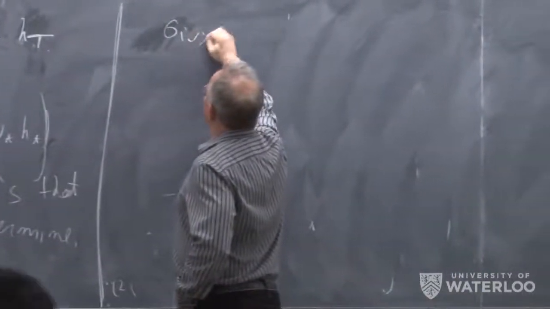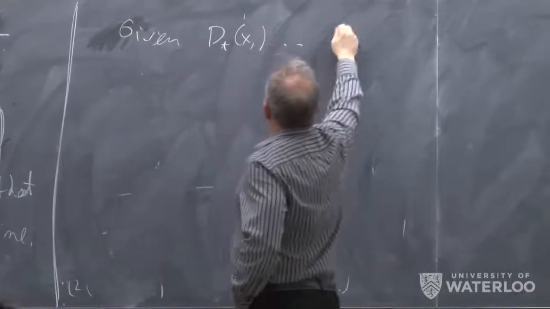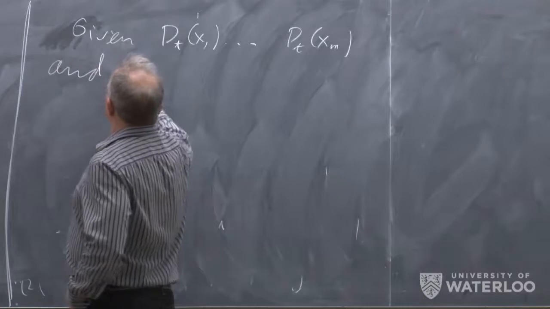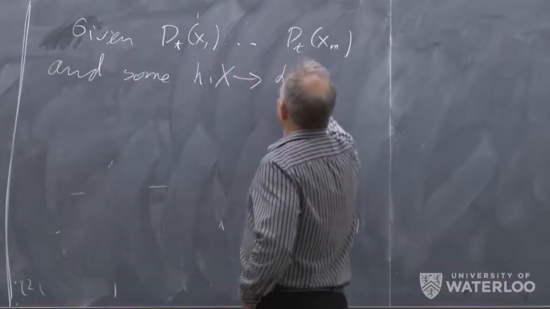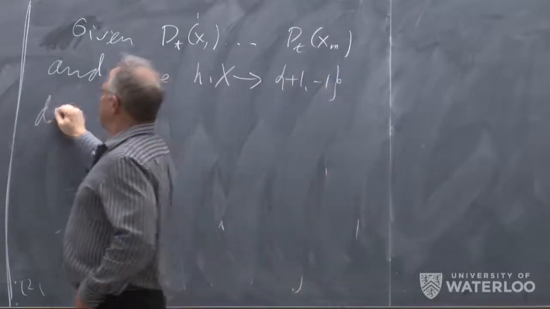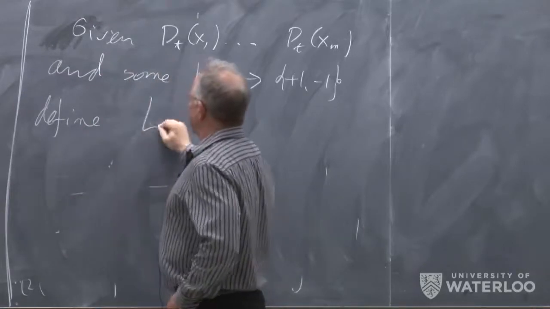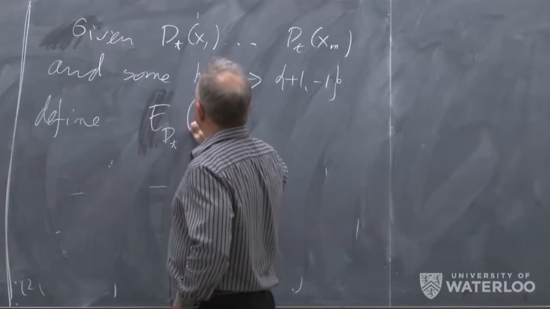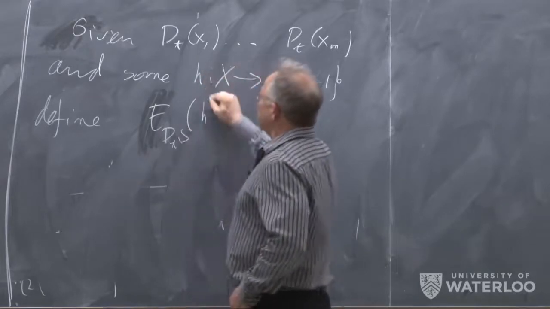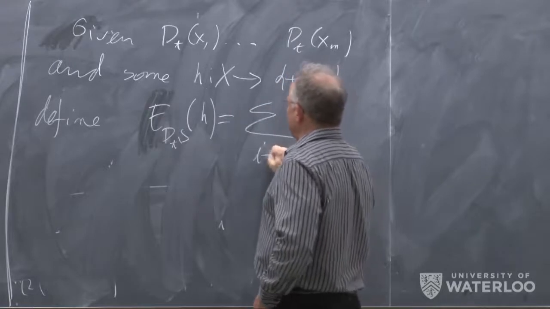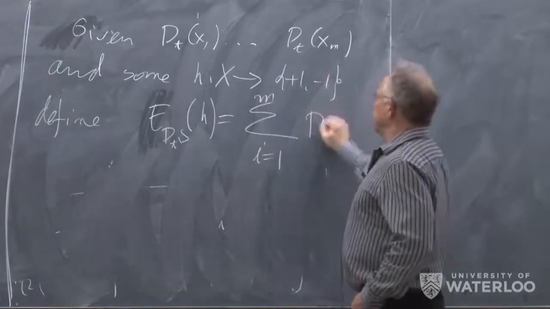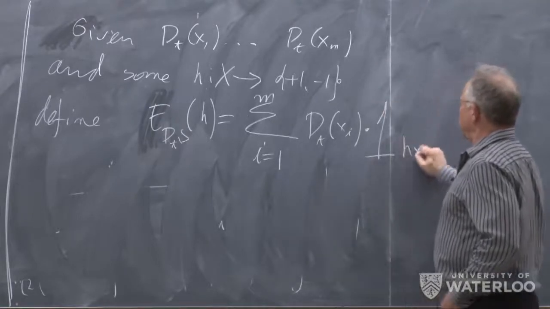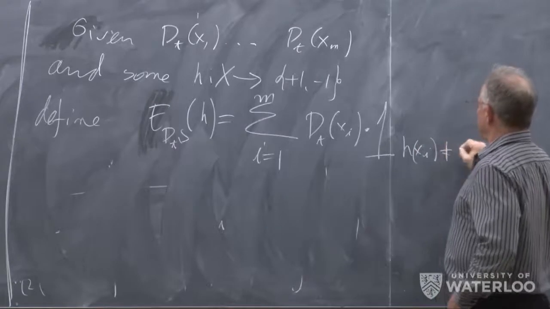So given Dt of x1 up to Dt of xm, and h mapping X to plus 1, minus 1, we will define the error with respect to Dt in the sample S, of h, as the sum over i from 1 to m of Dt of xi times the indicator that h of xi is not equal to yi.